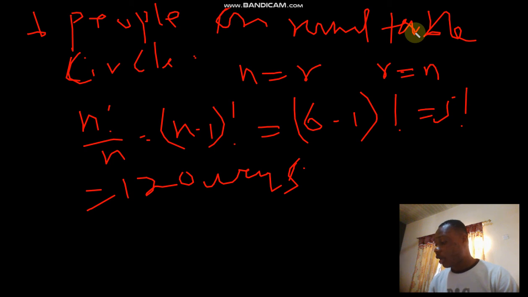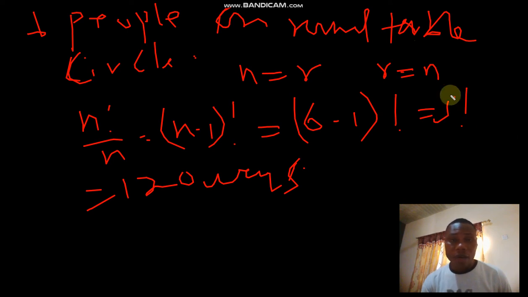Let's look at another example, where we have to look at how many ways there are if 2 people must sit next to each other. So the same question, but we want to know how many ways there will be if 2 people must sit next to each other.